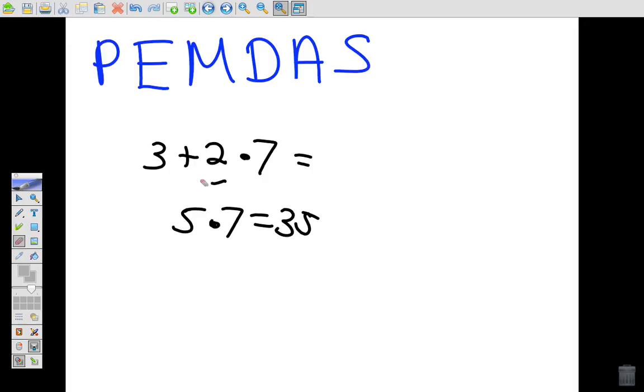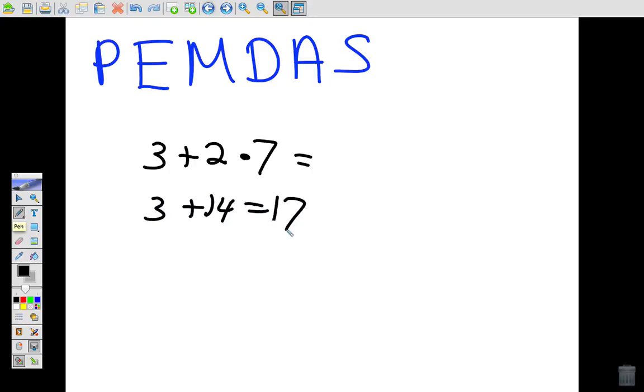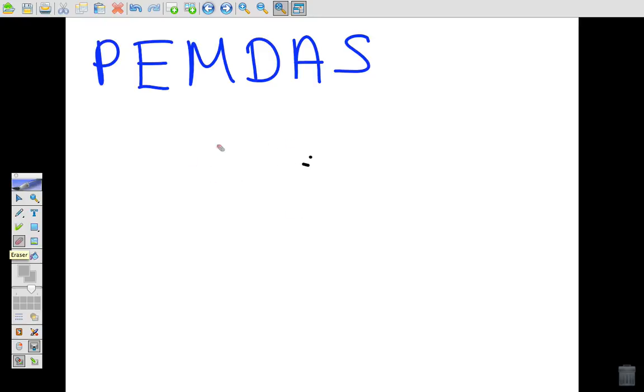But that's a totally different answer than if you multiplied first. 2 times 7 is 14, and 3 plus 14 gives you 17, and actually this is the correct answer. So the reason for order of operations is so that we have a consistent way of getting a consistent answer.